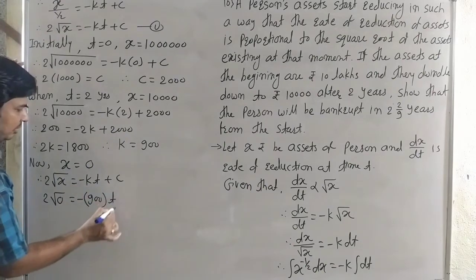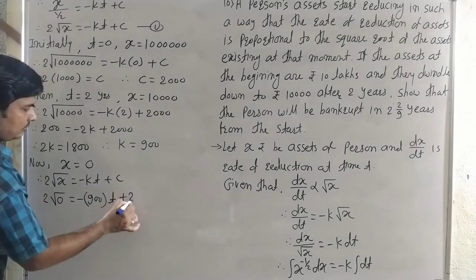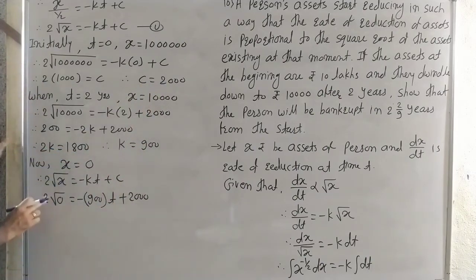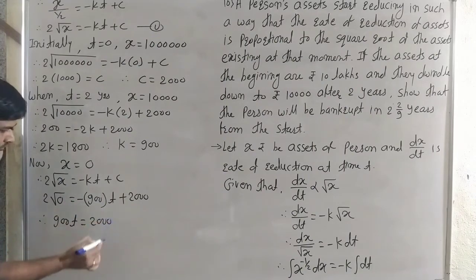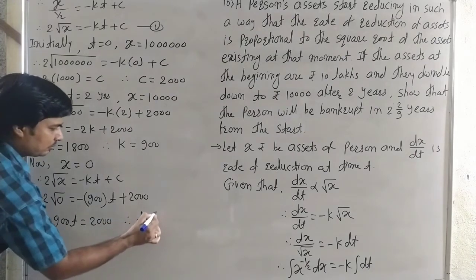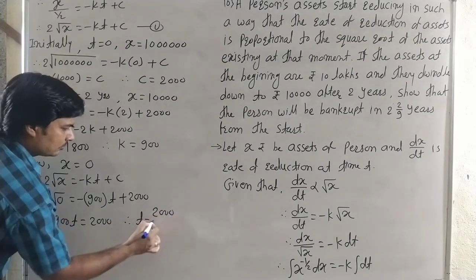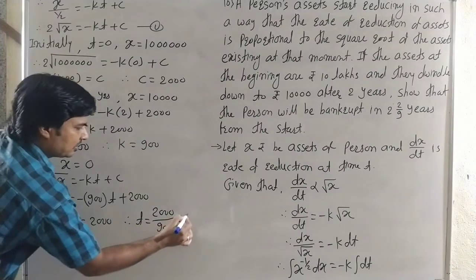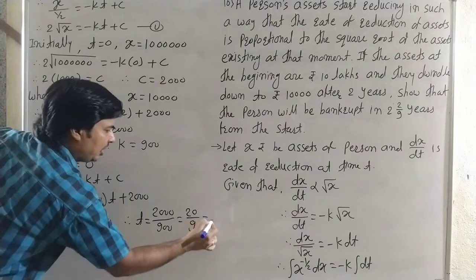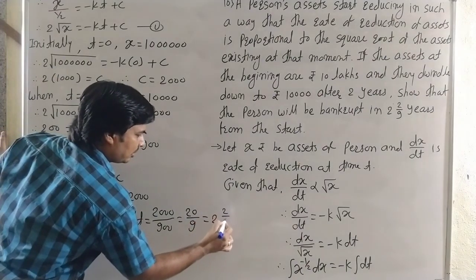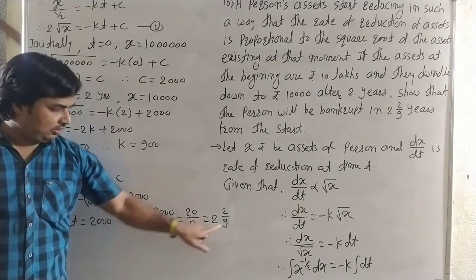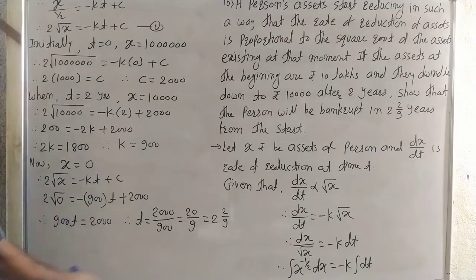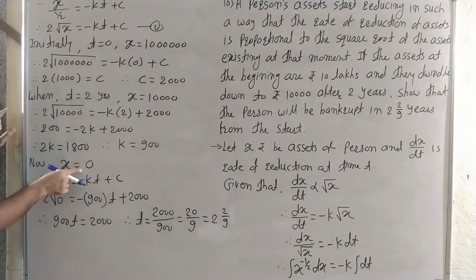We want to find this value of t. Therefore 900t is equal to 2000, and therefore t is equal to 2000 upon 900. That means 20 by 9, and 20 by 9 is 2 and 2 by 9. Here 20 divided by 9 we can write in this form. That means after 2 and 2 by 9 years, the bank balance is 0.